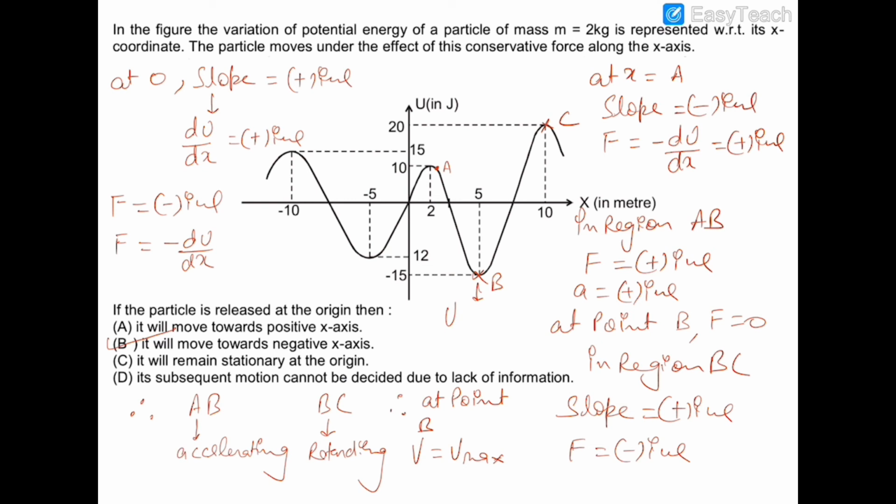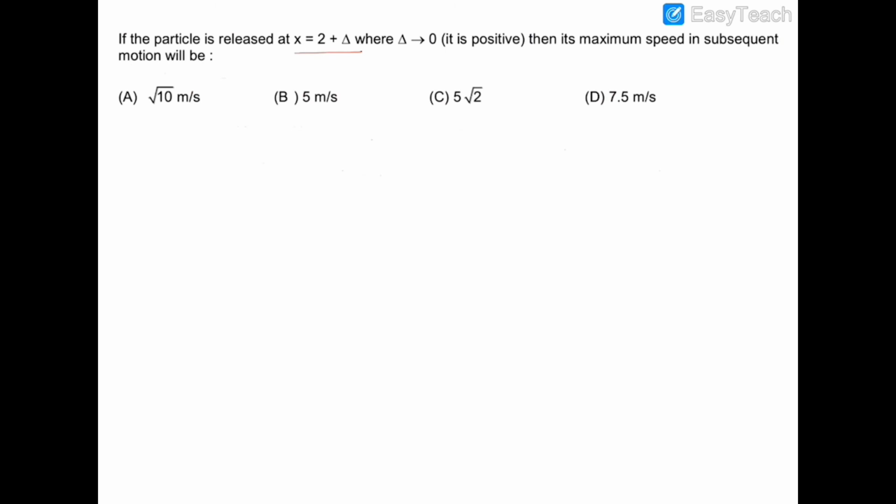This has the minimum potential energy, which is equal to minus 15, and the kinetic energy will be maximum. So to find out this maximum kinetic energy and the maximum velocity, I write that the magnitude of change in potential energy while moving from A to B will be equal to the magnitude of change in kinetic energy, and I know that the potential energy is decreasing while we are moving from A to B, and the kinetic energy is increasing.